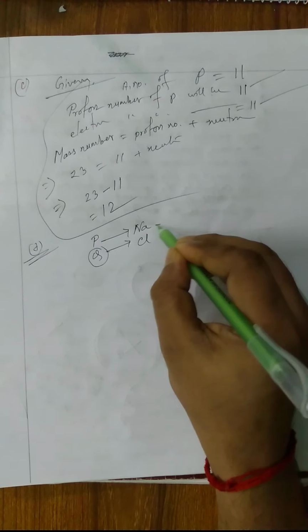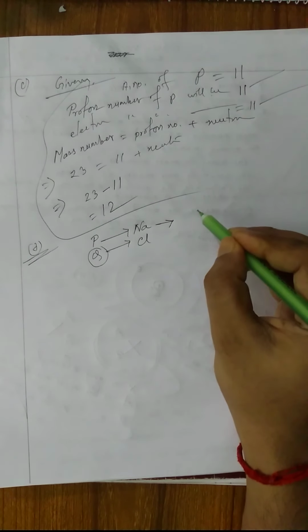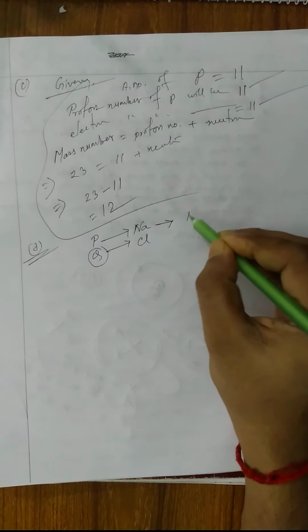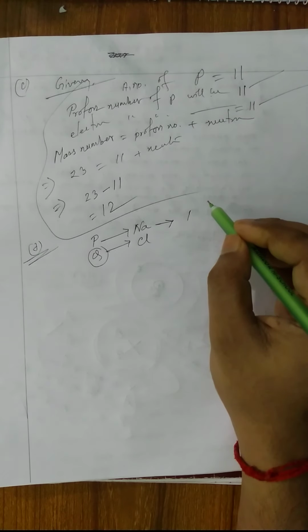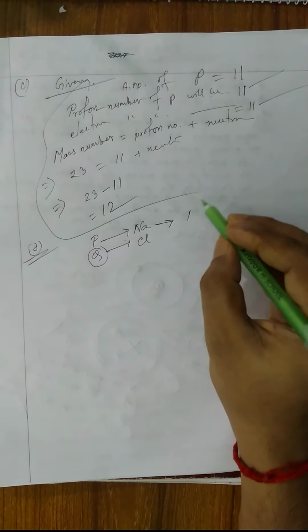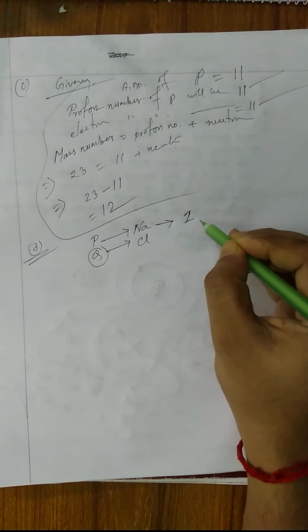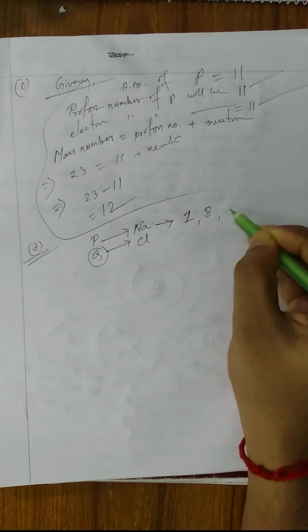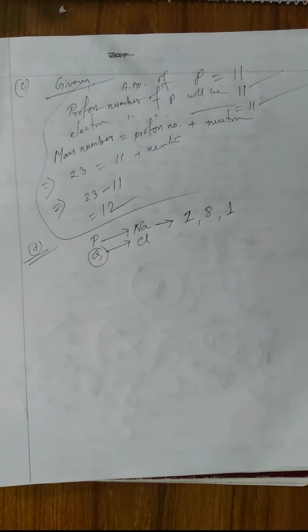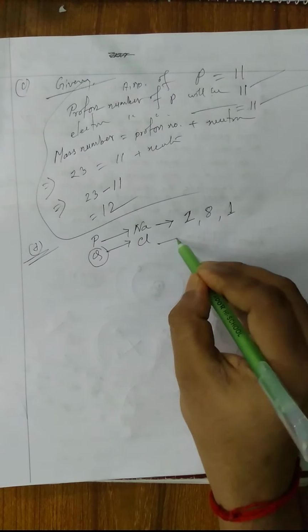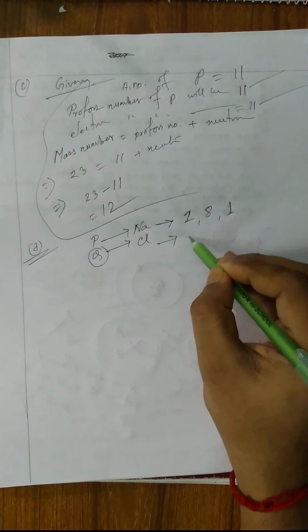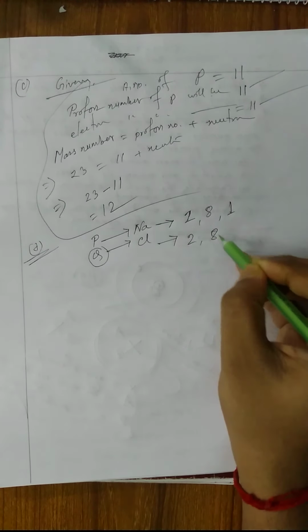So the electronic distribution of sodium is 2, 8 and 1, and the electronic distribution of chlorine is 2, 8 and 7. This is the electronic distribution of sodium and chlorine.